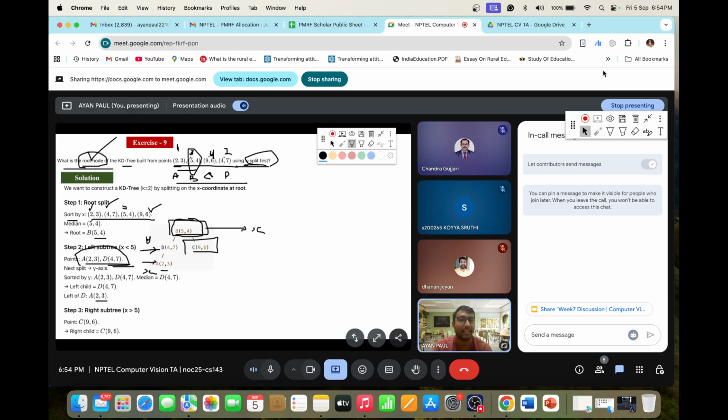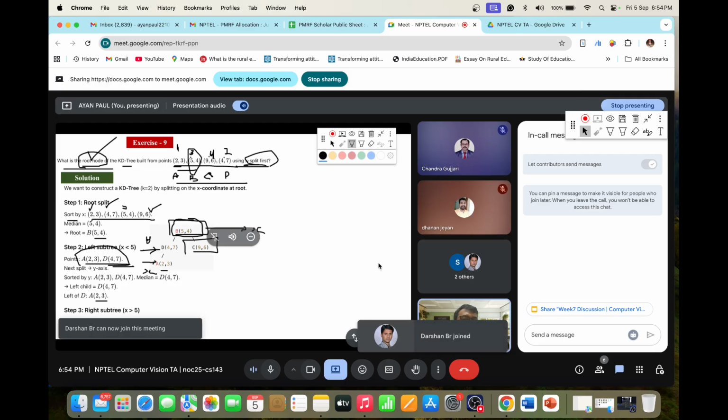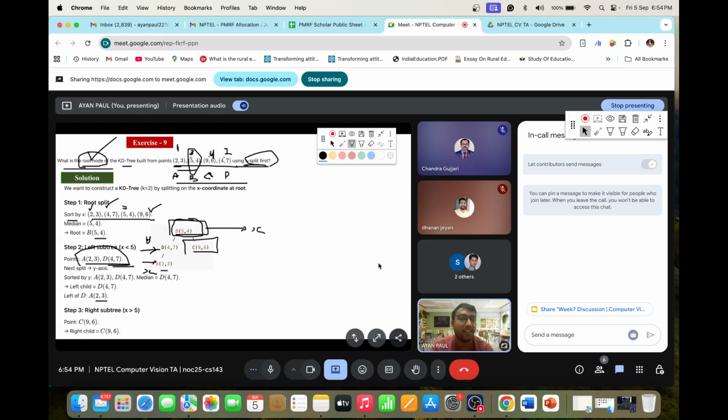So here it is very easy: (2, 3), (5, 4), (9, 6), and (4, 7). Okay, so these are the points. How do we get the root node? We have to do the x splitting first. For point A, x equals 2. For point B, x equals 5. For point C, x equals 9. For point D, x equals 4.